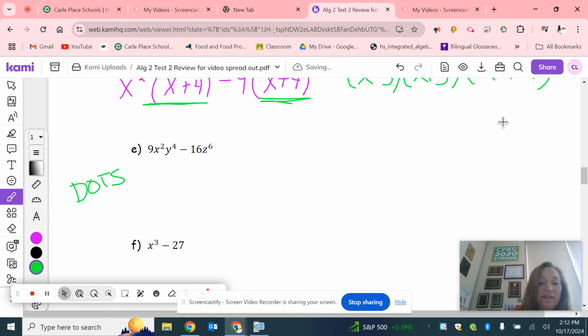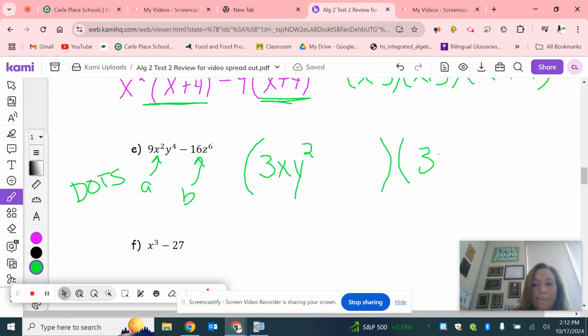Okay? So think of this as the A, and think of this as the B. So I take the square root of 9, I take the square root of x squared, I take the square root of y to the 4th. Okay. One's a plus, one's a minus, and you can switch whichever one out you want.